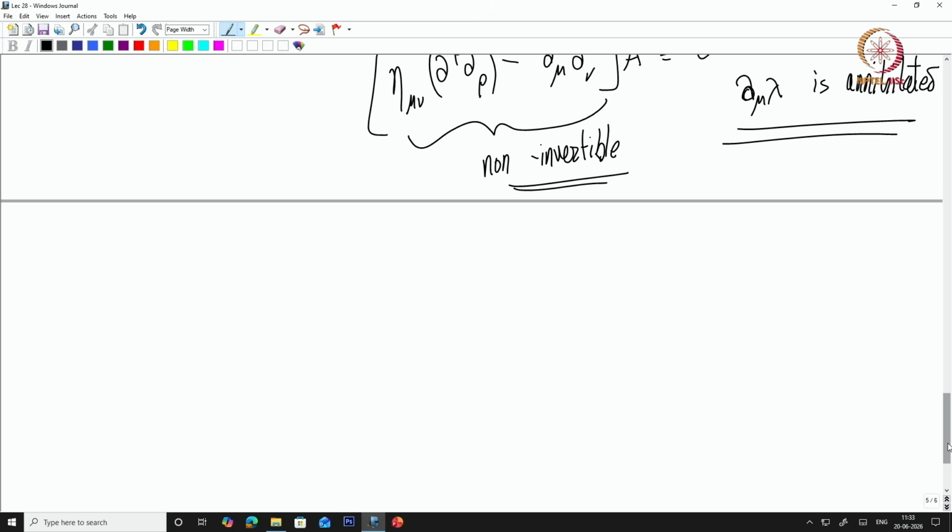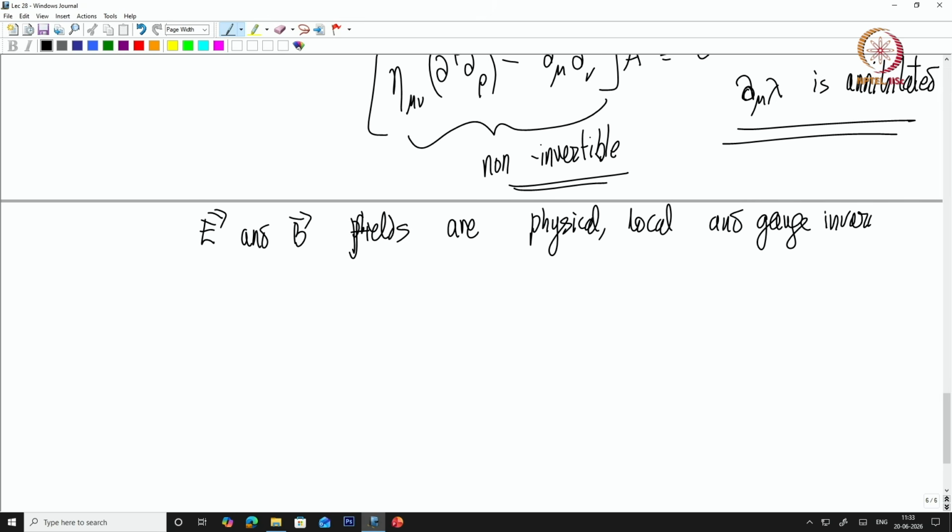E and B fields are physical, local and also gauge invariant.